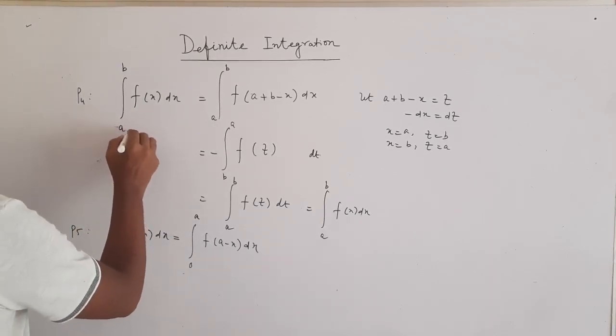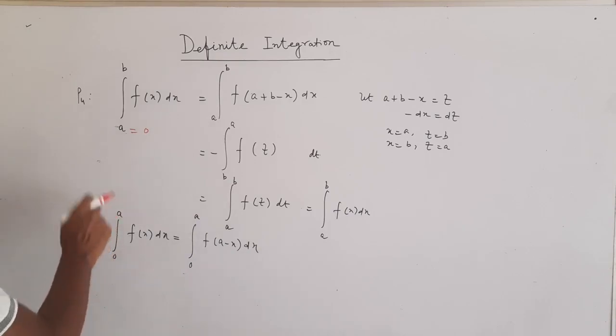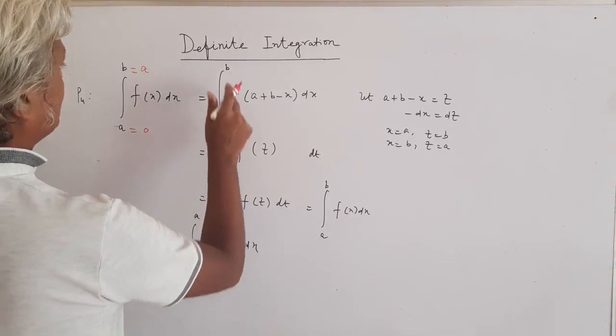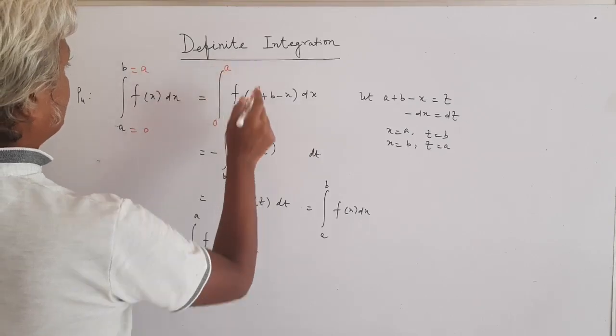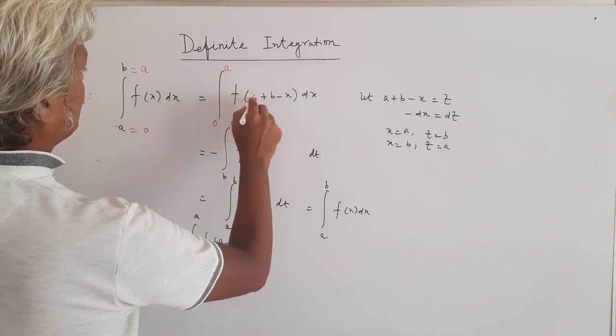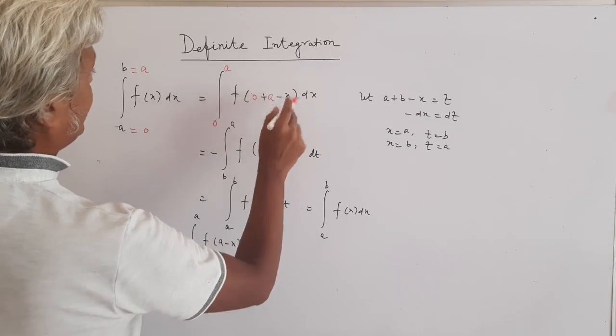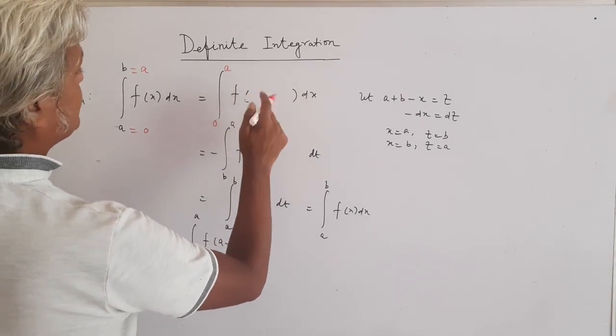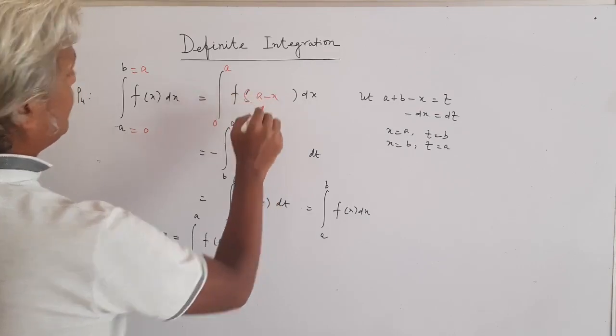If I write a as 0 and b as a, then this becomes 0, this becomes a, this becomes 0, this becomes a, and this becomes simply a minus x.